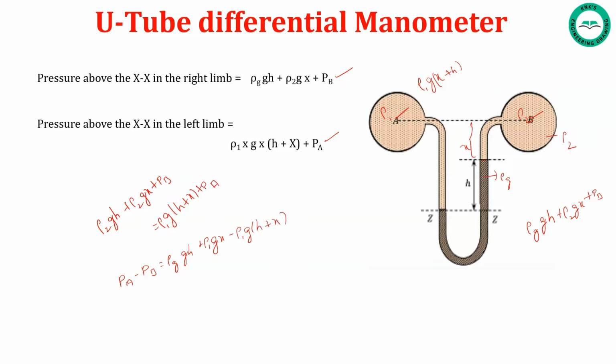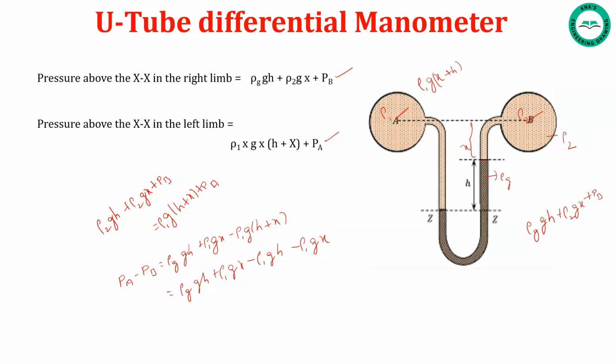Now this can be written as rho G G H plus rho 2 G X minus rho 1 G H minus rho 1 G X.